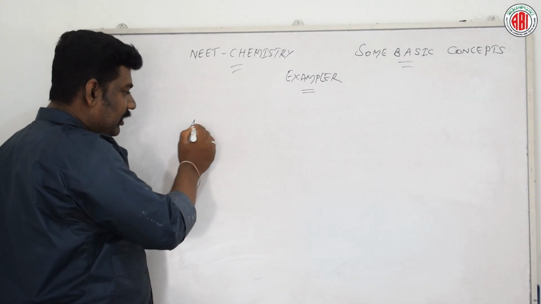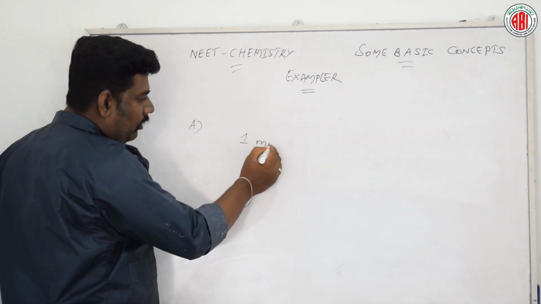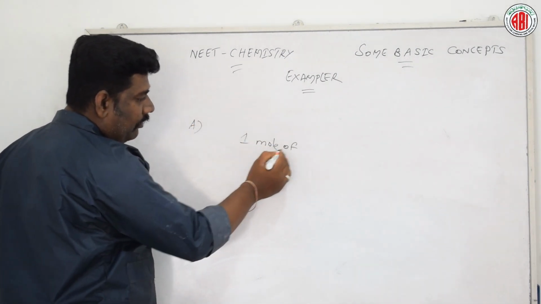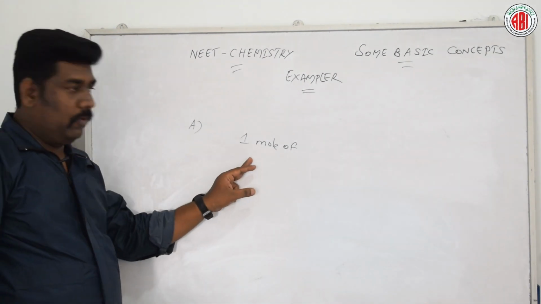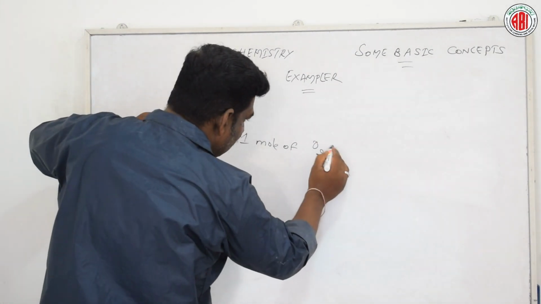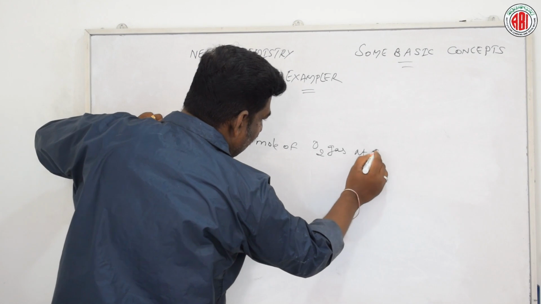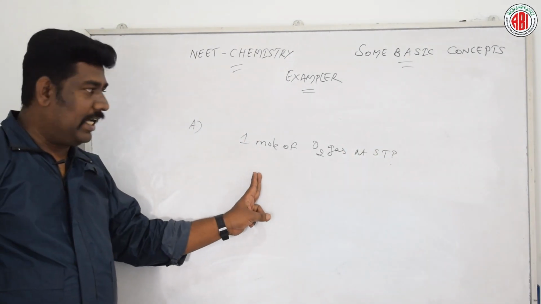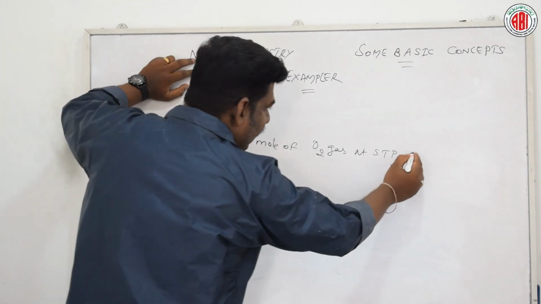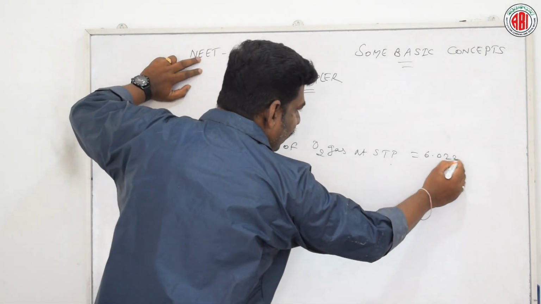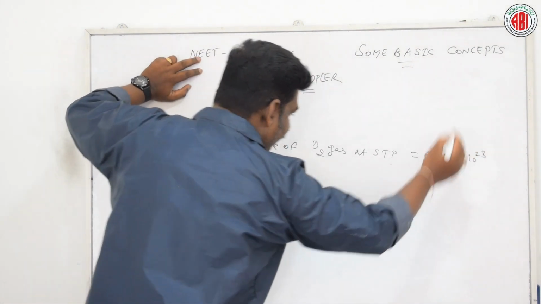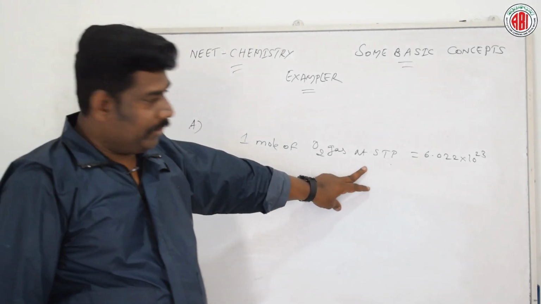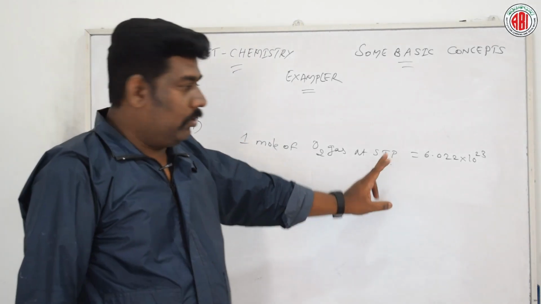So the answer for this question: 1 mole of oxygen gas at STP is always equal to 6.022 × 10^23 molecules.